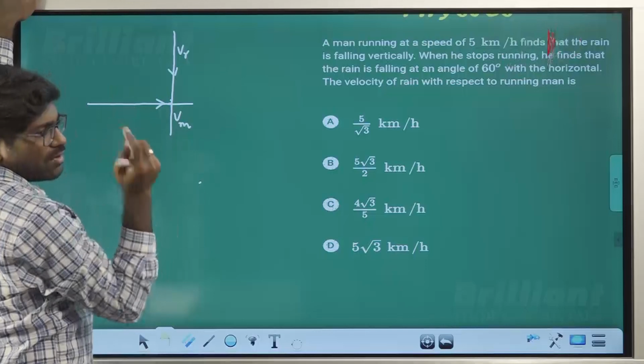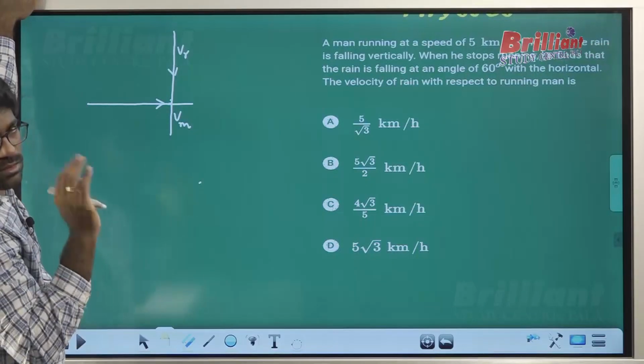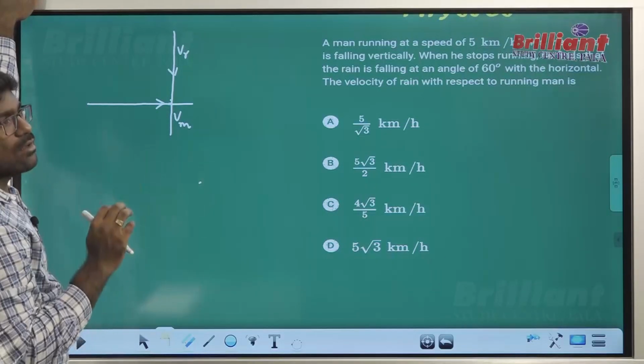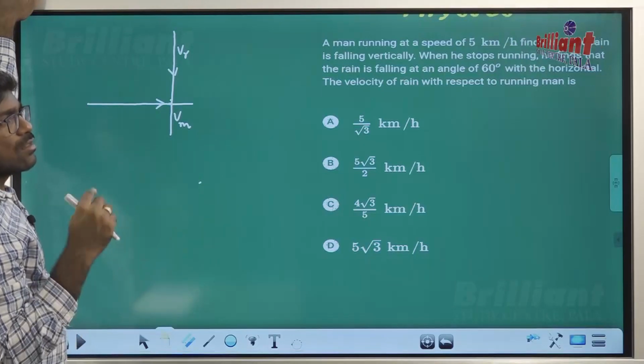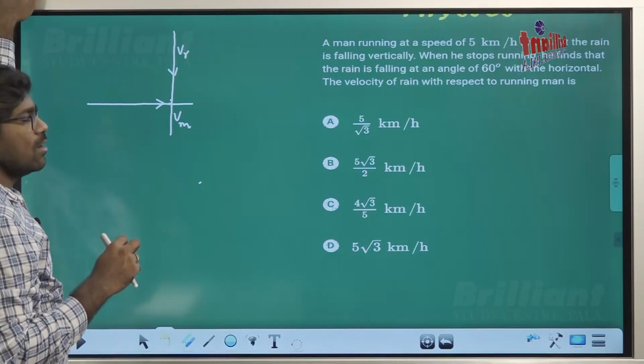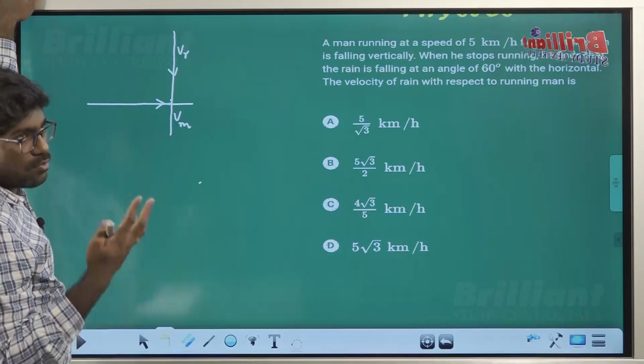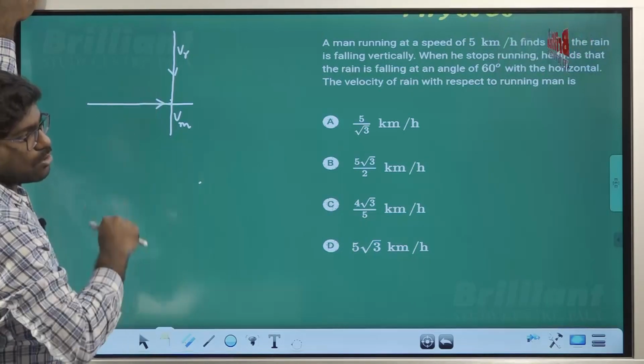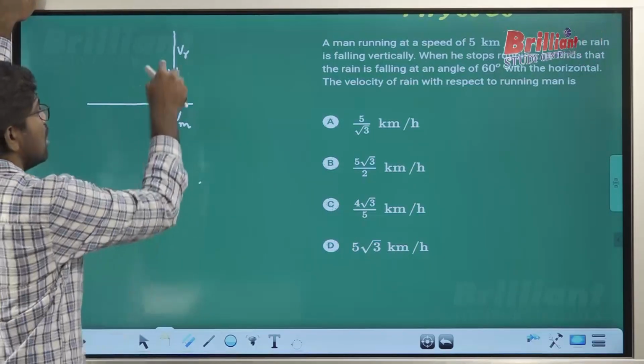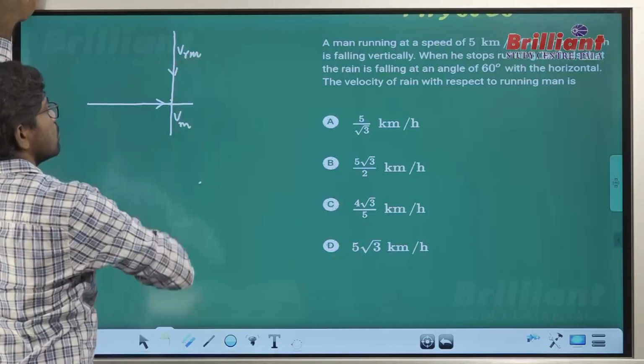It's not the velocity of rain with respect to ground. If the man is at rest and someone is standing and observing the rain, that's the velocity of rain with respect to ground. But here the man is running already, so this is the velocity of rain with respect to man.